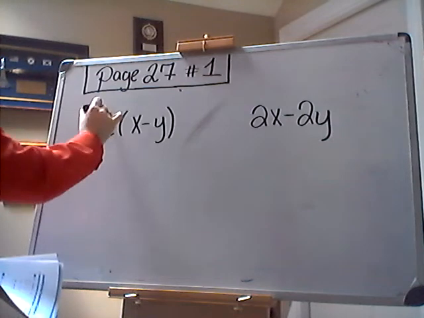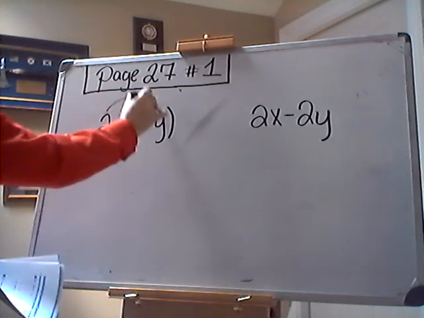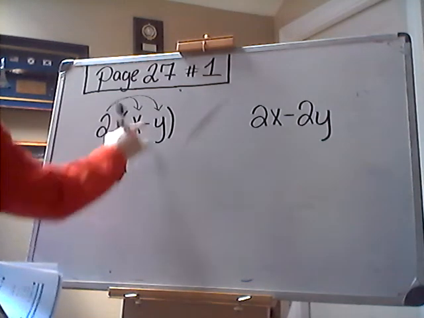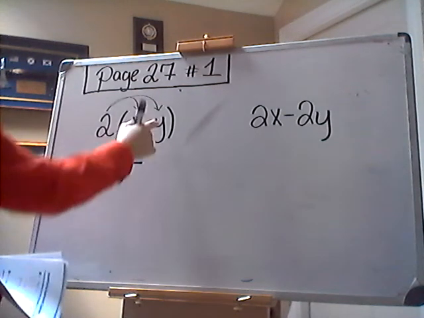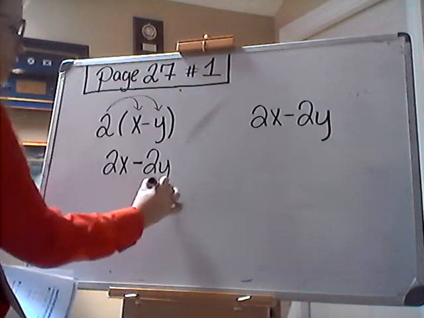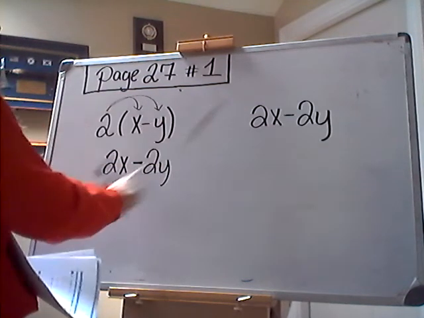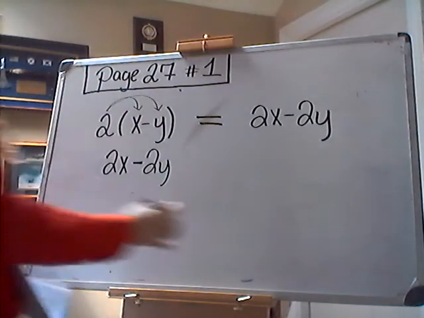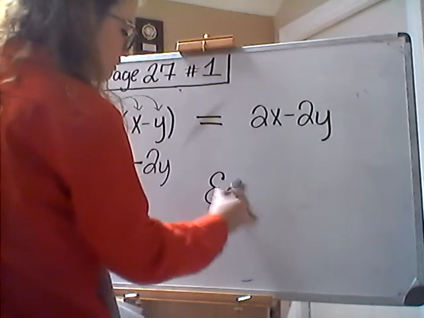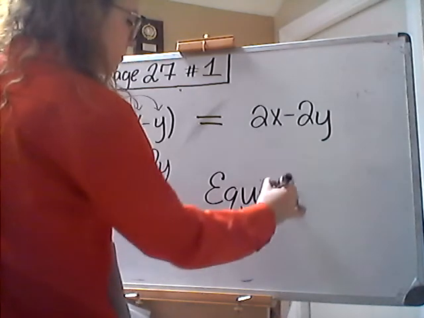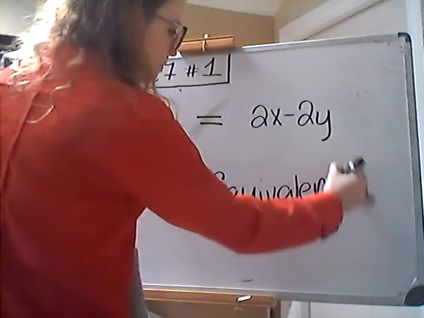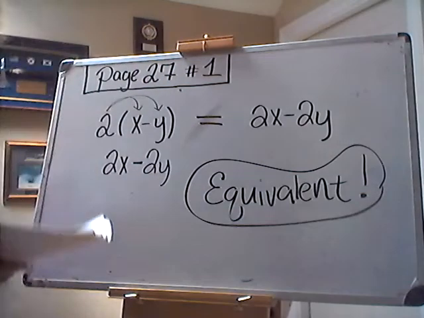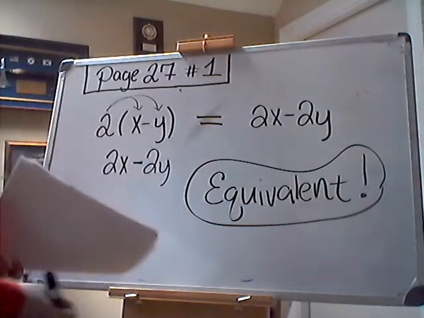So I could do 2 times both of these inside numbers. 2 times x is 2x, minus 2 times y is 2y. Well, looky there. 2x minus 2y, these are the same thing, just written in a different way. So you write, yes, these are equivalent. That's your answer, equivalent. Show your work, though.